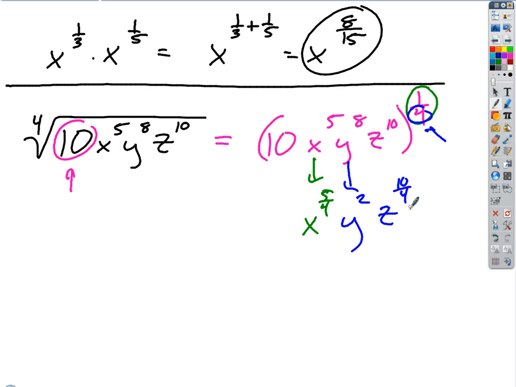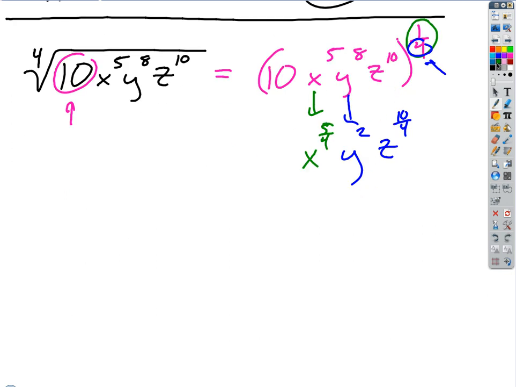What does it mean to be x to the 5/4? If I write these as mixed numbers, and someone already said it, I think Andrew said it, what is 5/4 as a mixed number? 1 and 1/4. So I could write this as x to the 1 and 1/4, if I write that as a mixed number.